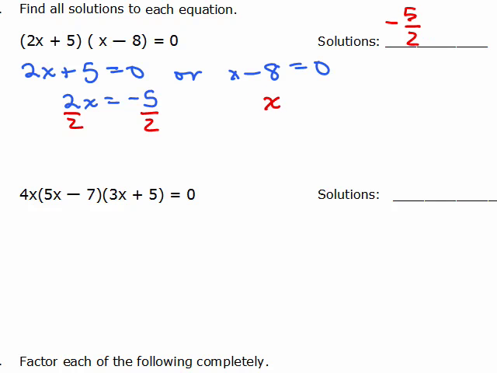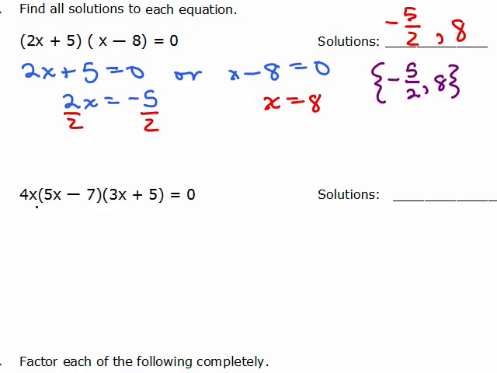Or x is 8. That's the other solution. It is not an ordered pair. Do not put it in parentheses. You could use solution set and write it like this. That's okay. But it is not an ordered pair.